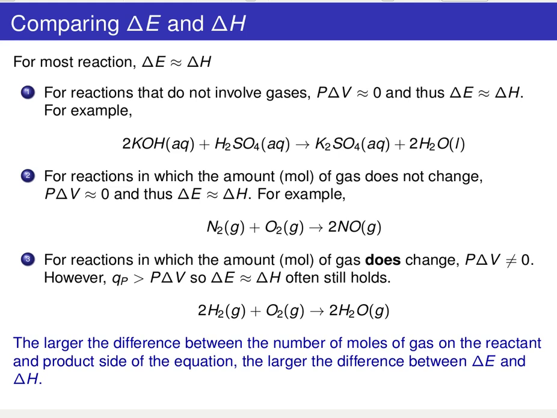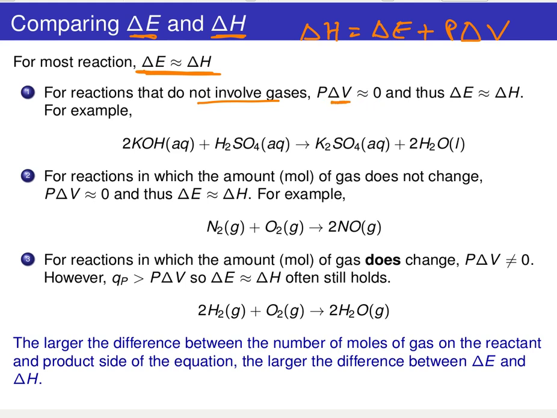So I think it's nice to first look at a comparison between changes in internal energy and changes in enthalpy. And it turns out that for most reactions, these two terms are about the same. So let's look at a couple scenarios. Let's say we've got a reaction that doesn't involve gases. If gases aren't involved, then the change in volume is going to be relatively small, close to zero.